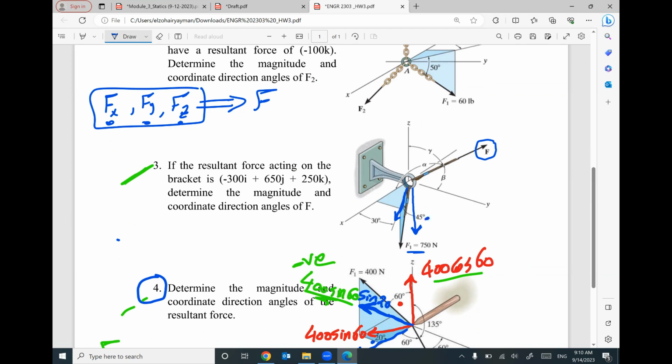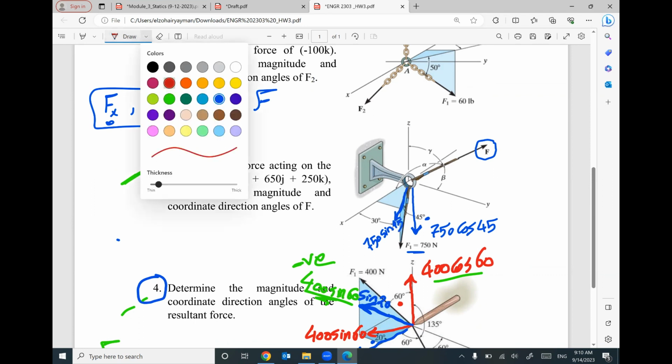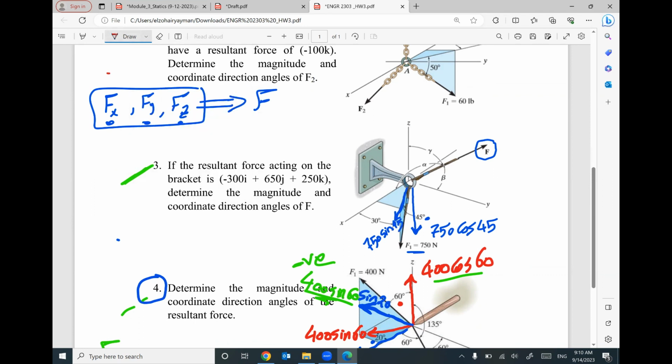It will be this 45 degree, and this 45 degrees is adjacent to Z. So this one will be 750 cosine 45 degree, and the projection line component will be 750 sine 45 degree. Then I will break the projection line component between X and Y.